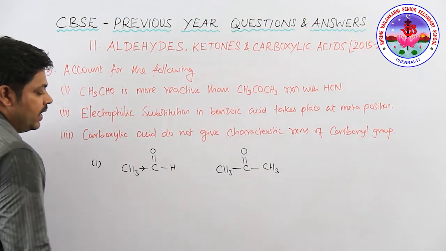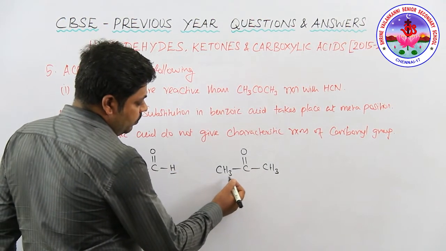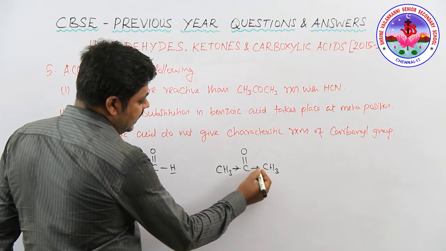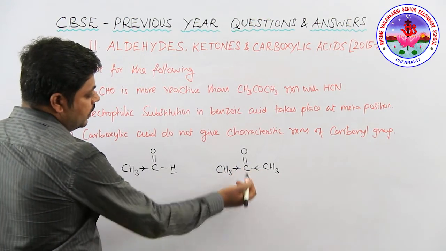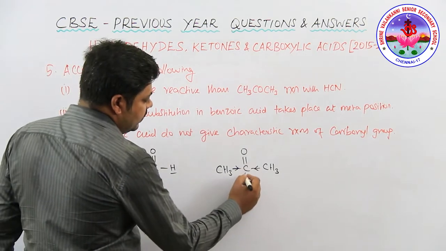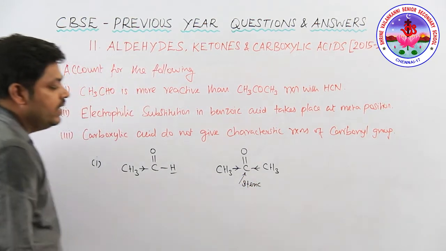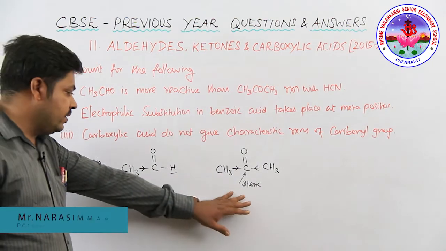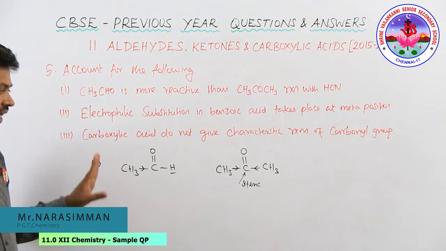CH3 is a bulky group, but this is not a bulky group. In the case of ketone, that is acetone, both sides have bulky groups, that means electron releasing towards the carbon atom. So here the steric hindrance will be there, or steric reason. You have to tell, that is why the aldehydes are more reactive than ketone.